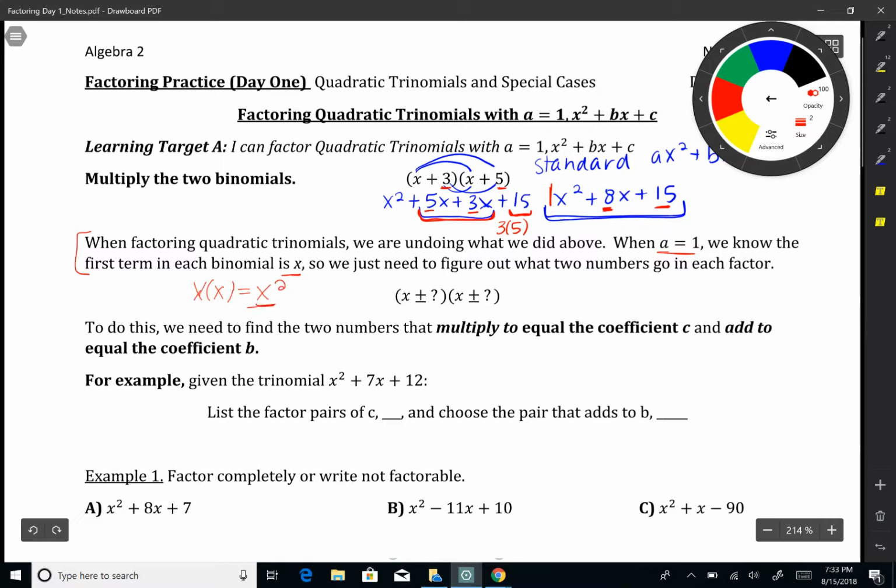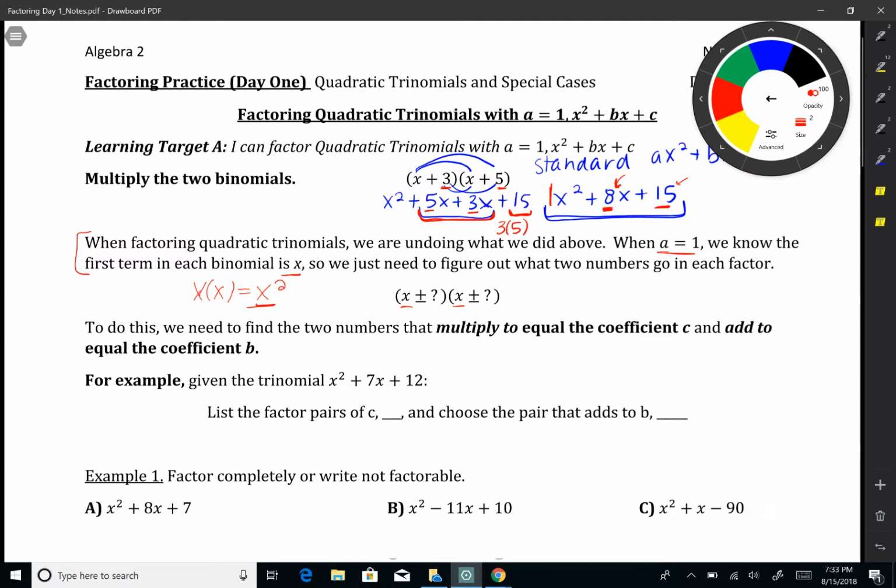If our first term is x squared, we know that in the binomials, we just have x to lead off both of them. So after we know that, we just need to figure out what 2 numbers go in each factor. As I just talked about, my b value in my standard form came about by adding the 2 numbers that I had in each factor, and my c value came about by multiplying those 2 numbers.